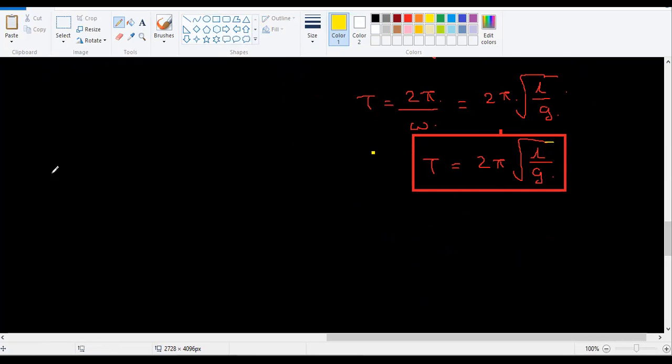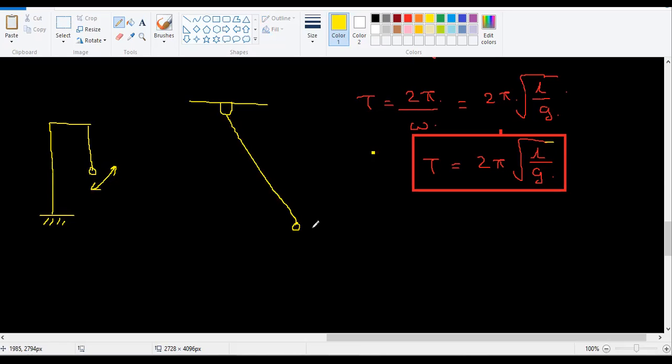Suppose I keep a tabletop pendulum like this, oscillating back and forth. And suppose I go to the ceiling hook and make a very long pendulum here. What will happen is this will keep going for a longer time.